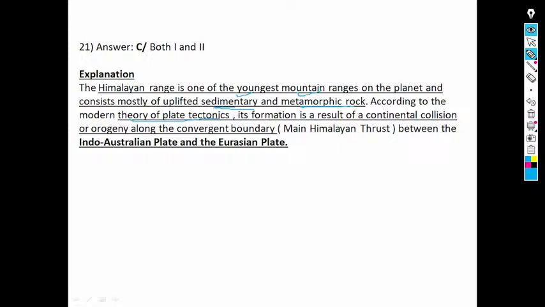According to the modern theory of plate tectonics, its formation is a result of continental collision or orogeny along the convergent boundary, that is the Main Himalayan Thrust (MHT), between the Indo-Australian plate and the Eurasian plate.